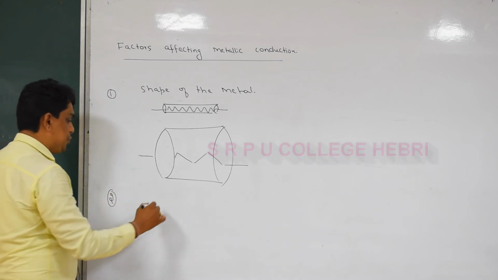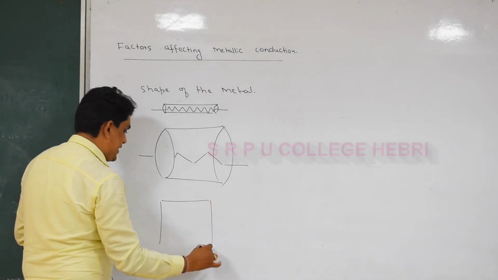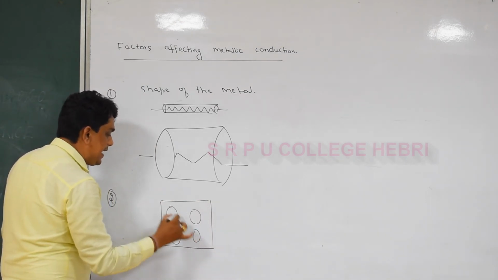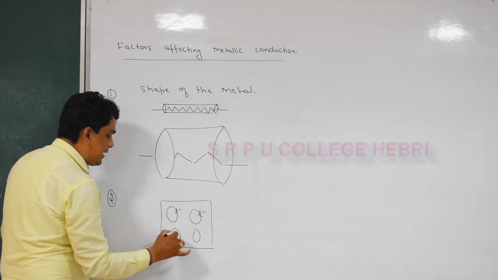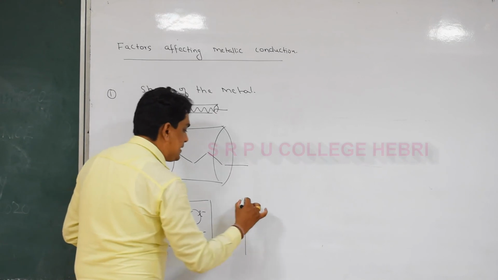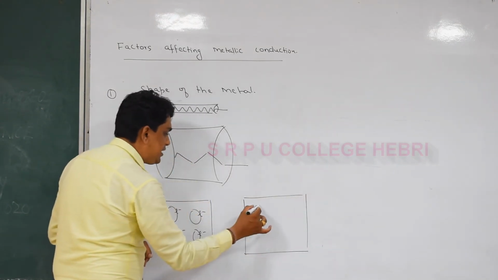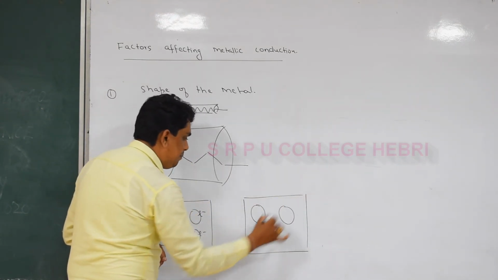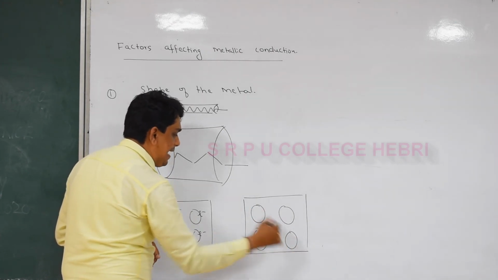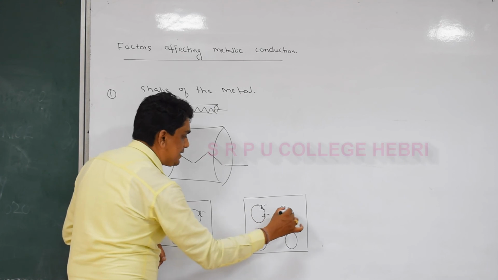The second factor, let me take up the second factor. Now assume there is a metal sheet containing metal atoms with one valence electron at each metal atom. Let me consider another metal sheet made up of metal atoms, and assume that each metal atom has two valence electrons.